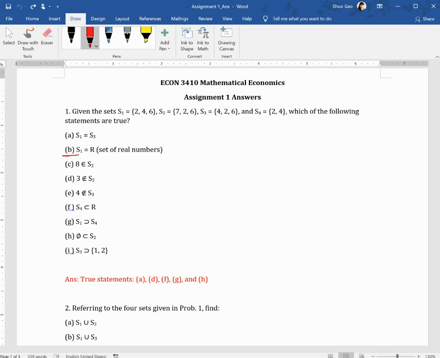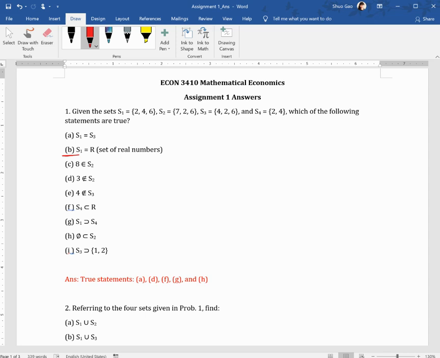And B, some people get wrong here. S1 equals R, the set of real numbers. The answer should be false. We know that S1 has 3 elements, 2, 4, and 6, and all 3 numbers belong to the real numbers.